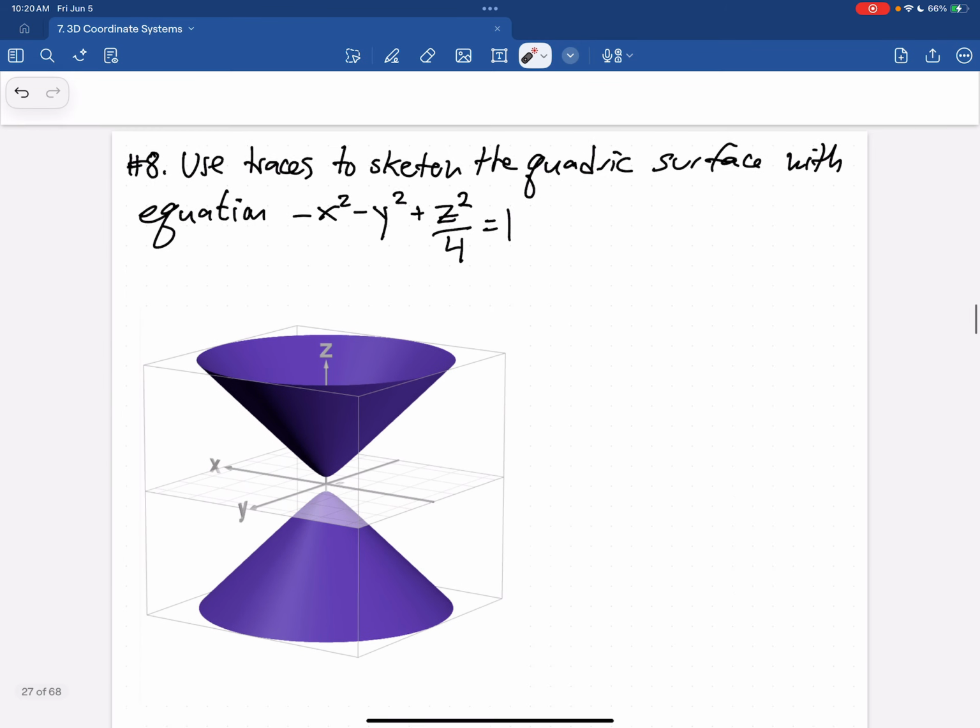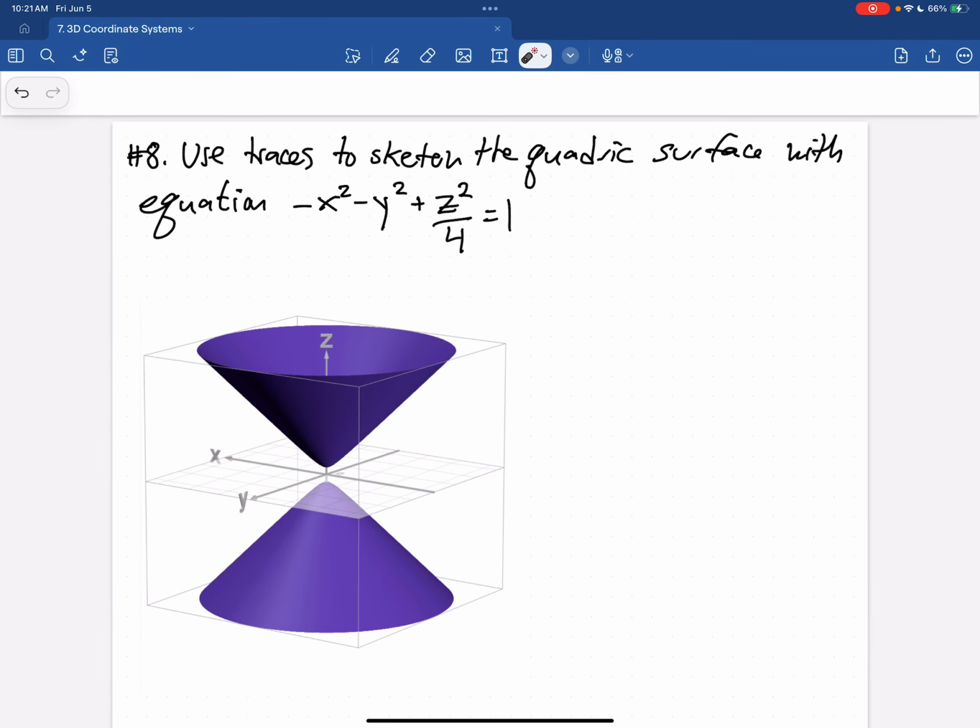Okay, then we're on to our last two surfaces. For this one, we've got the equation negative x squared minus y squared plus z squared over 4. And let's just go about those same two steps. First, let's see what happens when x is 0 and y is 0.